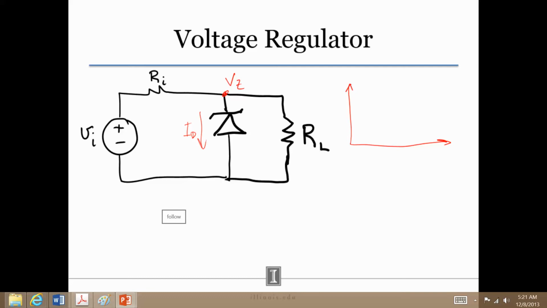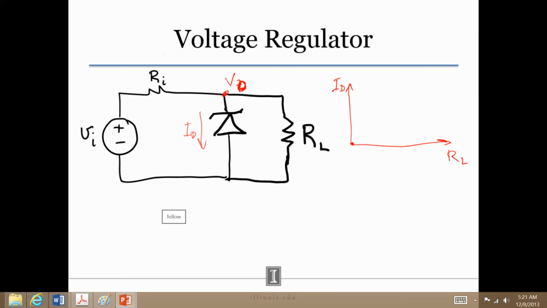At some really small RL, let's plot this current versus the load resistance. What's going to be the situation if RL is 0, say right here? Well, if RL is 0, that means this voltage, let's call this the voltage across the diode.